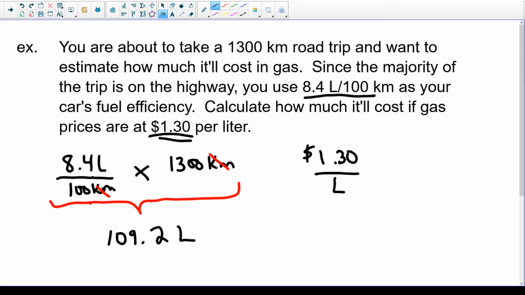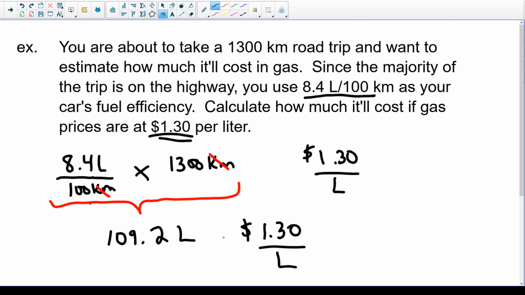Well, I'm going to use the same idea I used here for units. I'm trying to get dollars as my final unit. So let me put those two things next to each other. And I want you to see that the liters here are at the top of a fraction. I can write this as a fraction if I put it over 1. Okay. The liters here are at the bottom of the fraction.